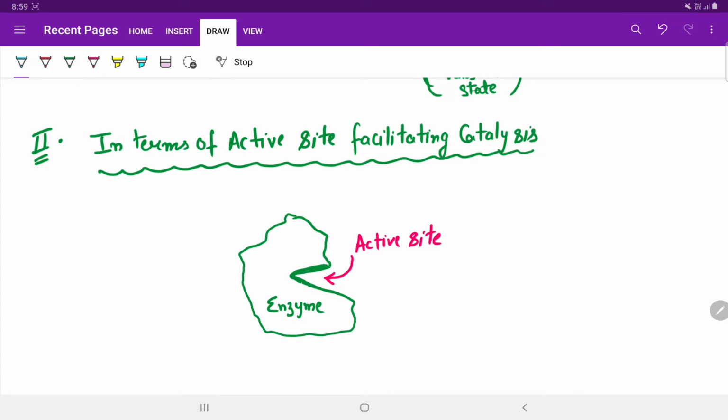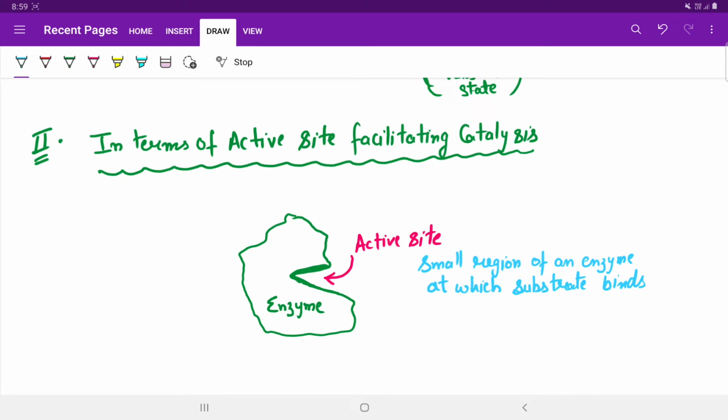So this is basically a small region of an enzyme at which substrate binds and participates in catalysis. So this is a particular place where the attachment of the substrate occurs.